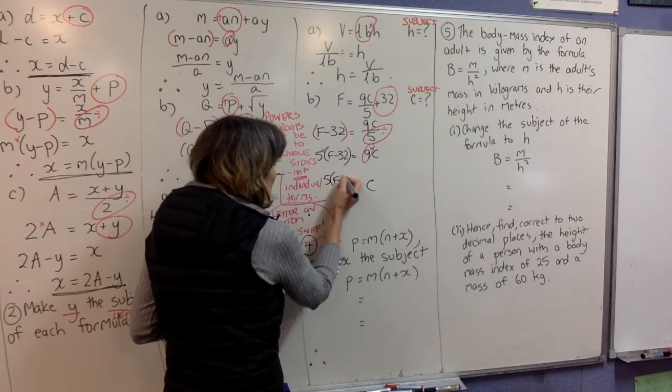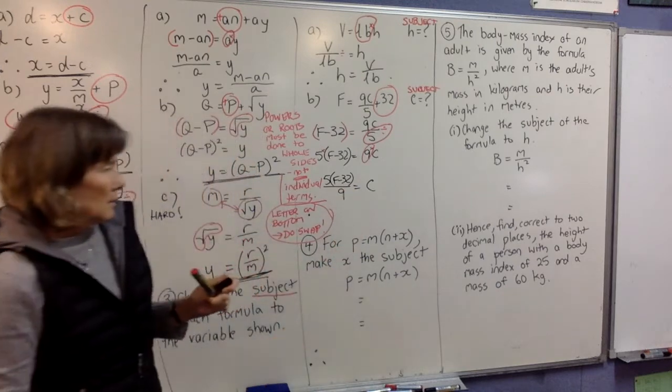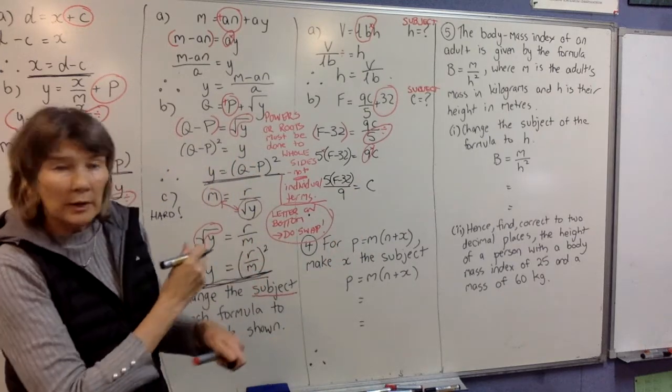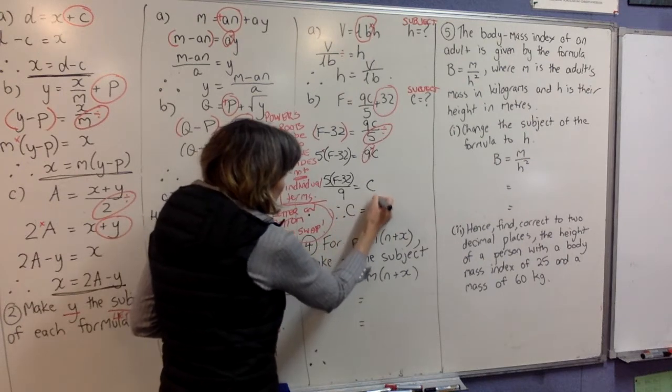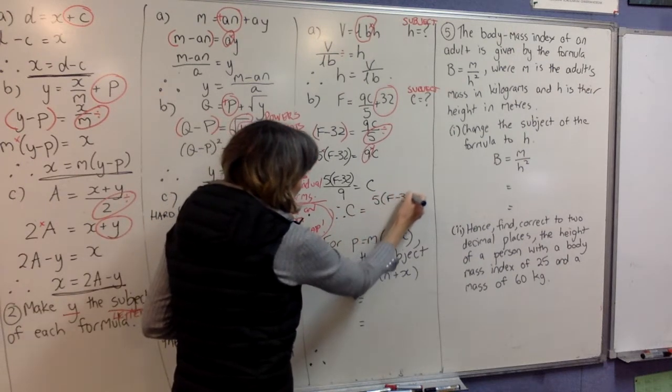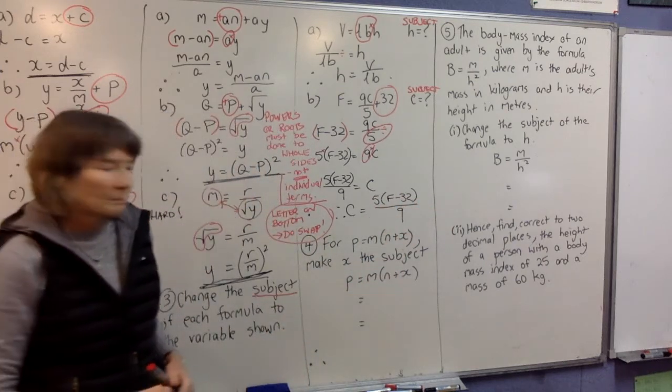Sorry for squeezing this in, but we needed to write this important note down. And that's it. Now we've just got to get the C to be the subject, so I'm swapping it around. And there's the answer to the question.